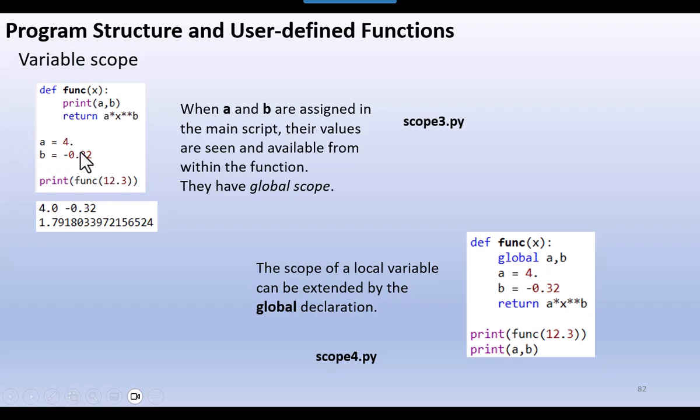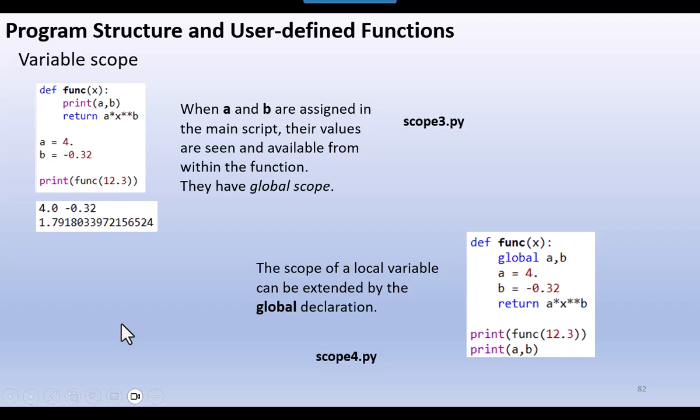It can see out, but we can't see in. So values in the main script have what is called global scope, and so we can refer to them inside the function, all right? And here, if we run this function, it displays the values and displays the answer down here.